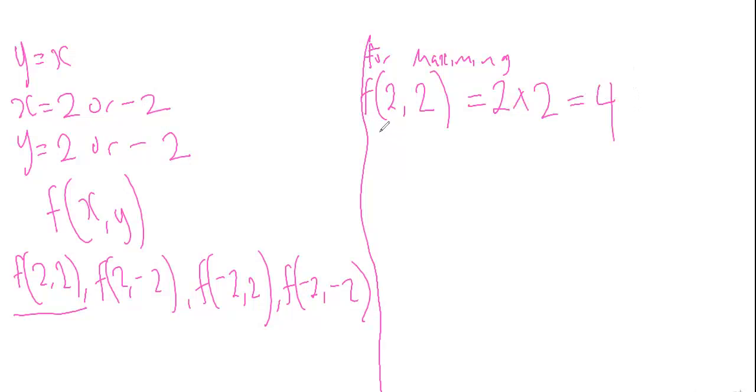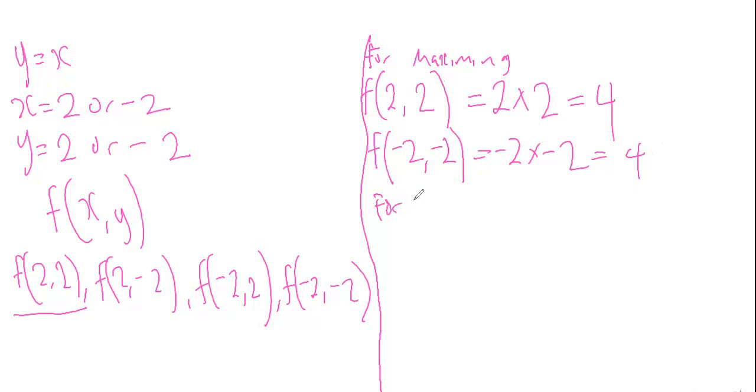Also, we have when x is equal to minus 2 and when y is equal to minus 2, where minus 2 times minus 2 will still give us 4. So when we are maximizing, we use x equal to 2 and y equal to 2, or x equal to minus 2 and y equal to minus 2.